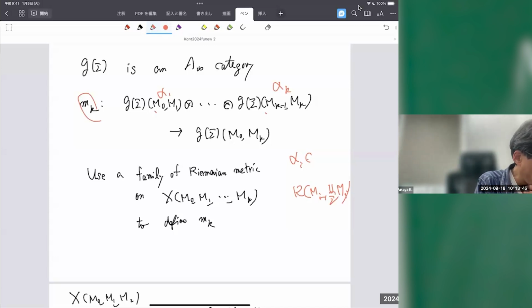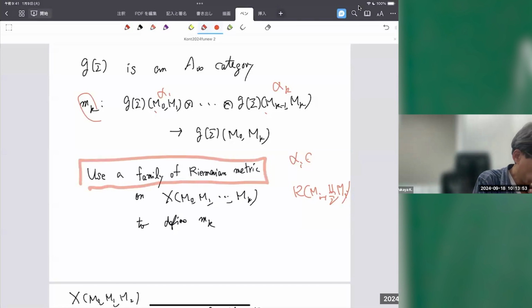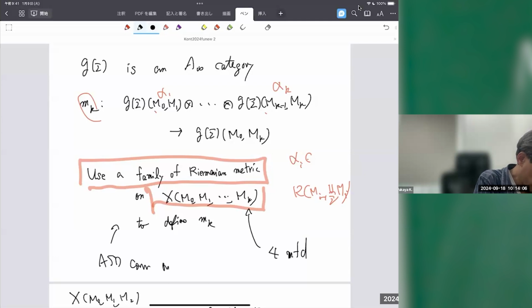I will explain how to define these infinity relations. The idea is to use a family of Riemannian metrics on a certain four manifold, and we use anti-self-dual connections on it to define these operations.